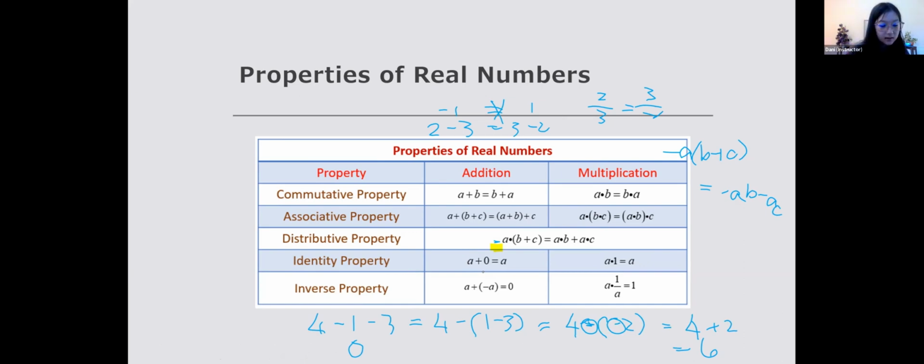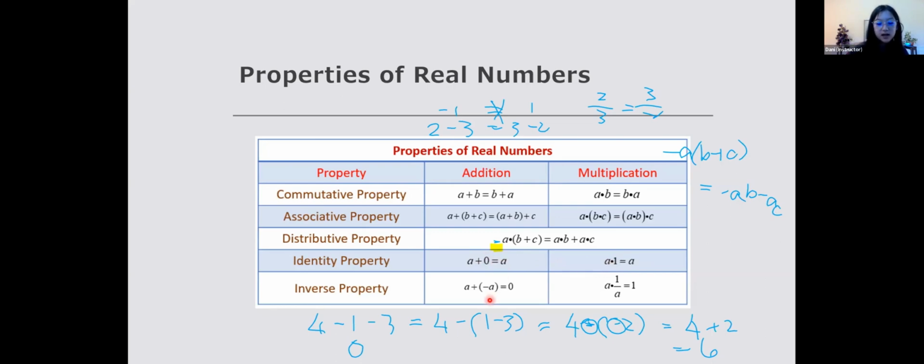And remember that for addition, it only works if you're adding or subtracting 0. It does not work if you're adding 1, like in multiplication where you're multiplying by 1. You can't add 1 and still have the same number.